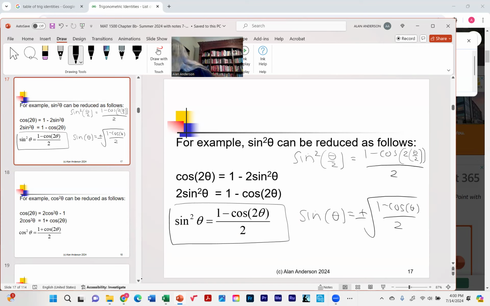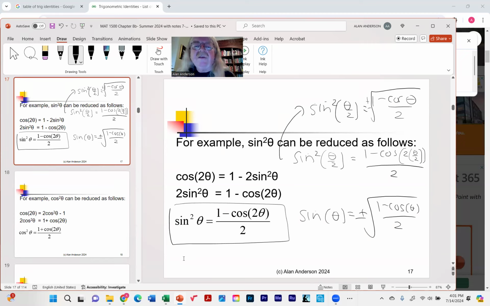And then you can rewrite that as, in other words, the theta for sine is now half, and the cosine instead of being 2 theta, it's just theta. Again, it all means the same thing.